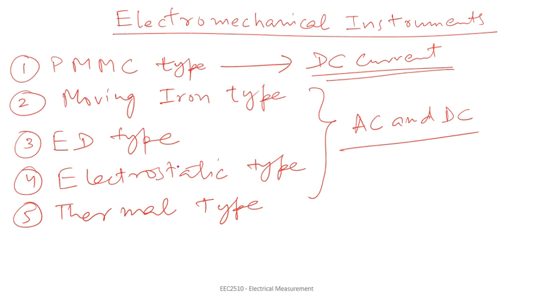Okay. So, as we progress in these different types of instruments, we will discuss each of them one by one. First of all, we will start with the PMMC type, but before starting the PMMC type instruments, let us have some basics about deflecting type instruments.